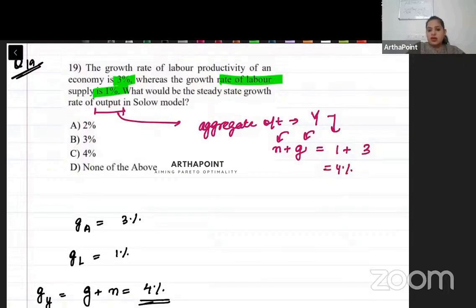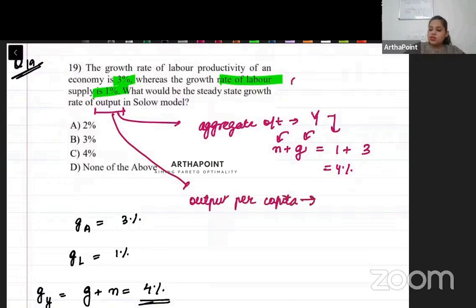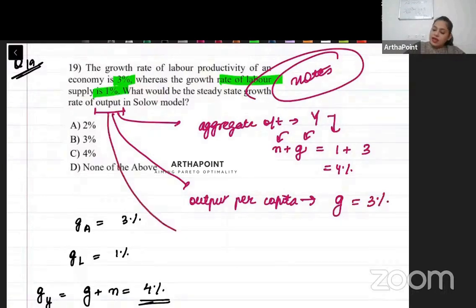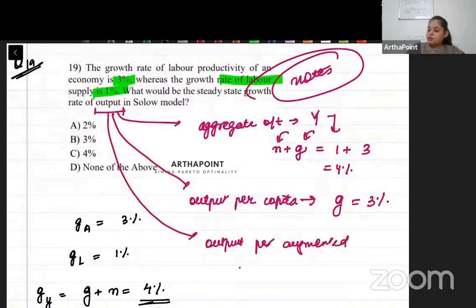But suppose they would have asked, what is the growth rate of output per capita? You remember that table? Please do it from the notes. Please go to my lectures, do that entire table of Solow model. So output per capita would have grown at the rate of G. And output per augmented labor would have grown at the rate of 0%, right?